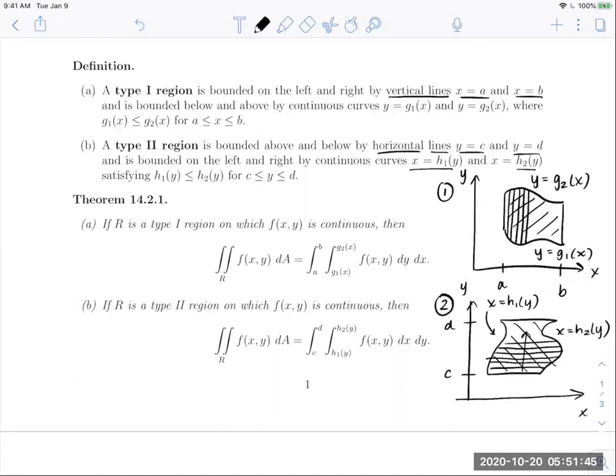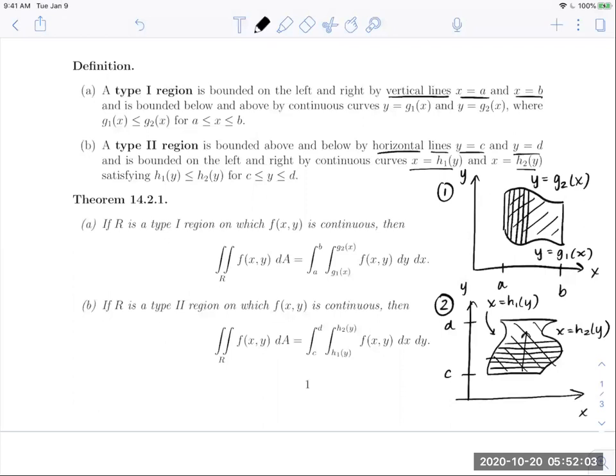And so theorem 1 here is stating exactly that. Depending on the type of region, we're going to identify the order of our integration. Are we going to integrate x first and then y, or y first and then x? And so this is what this theorem is stating.